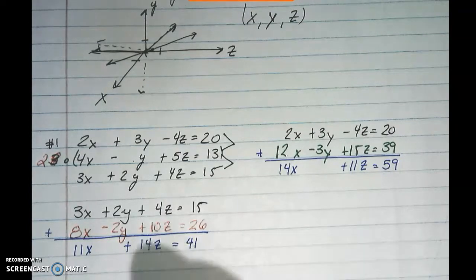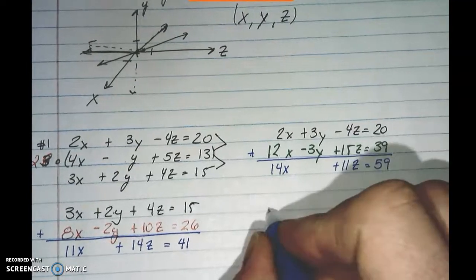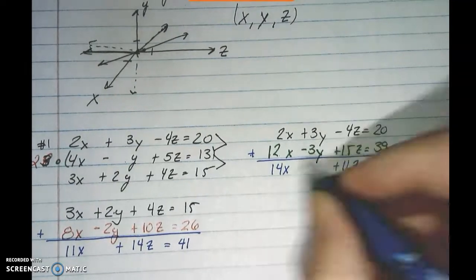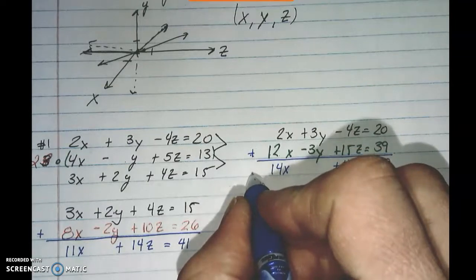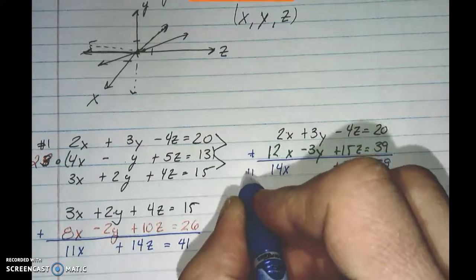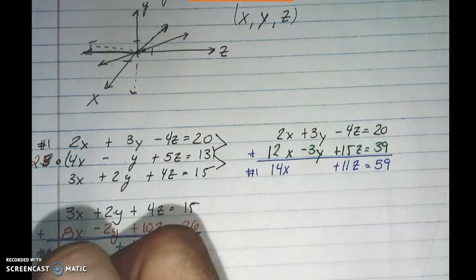So far, so good? Sweet. Okay, now, here are, let's see here. How am I going to label this for you guys? So these are our two new equations, right?